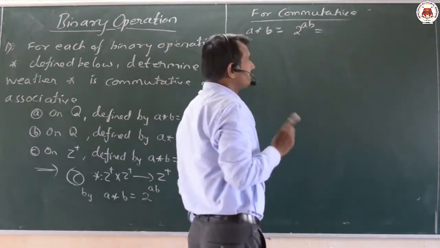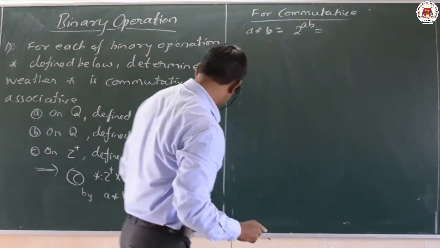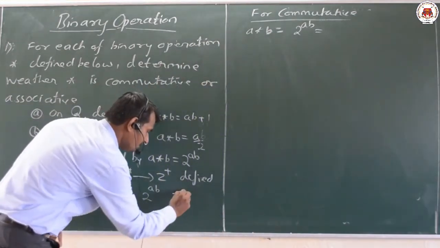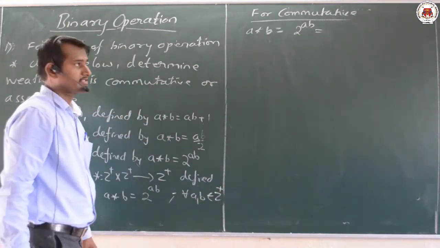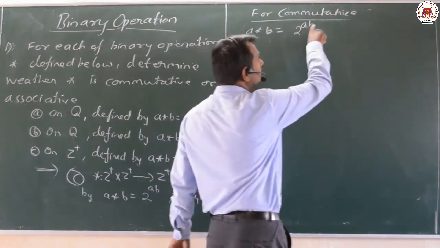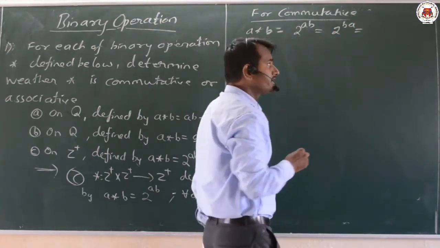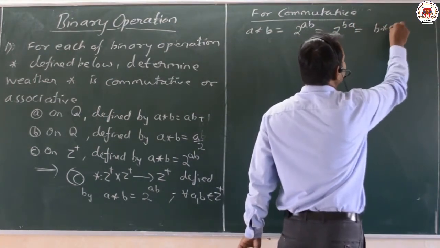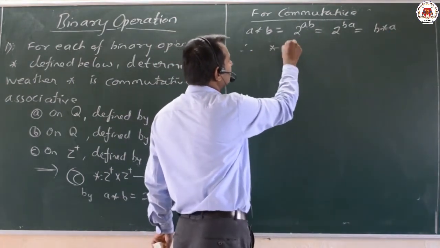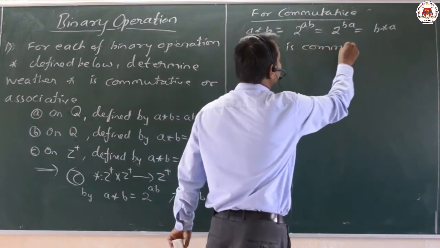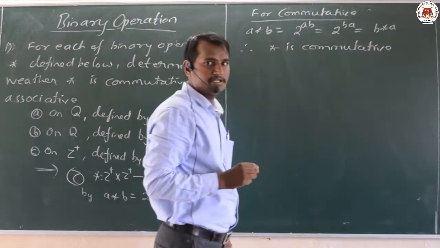Since A and B are positive integers, for all A, B belongs to Z plus, 2 to the power of AB means 2 to the power of BA also I can write. That is nothing but B star A. Therefore star is commutative. Very simple.